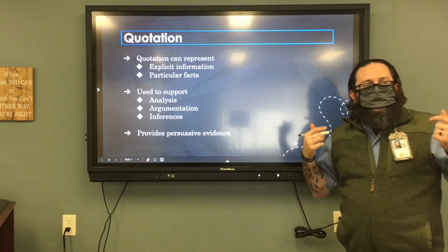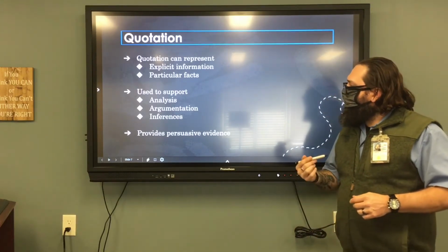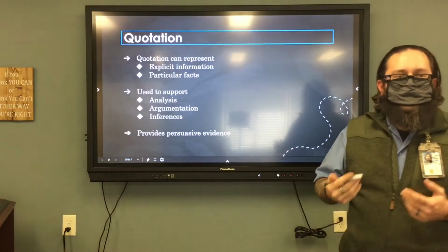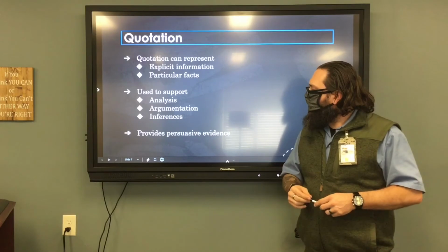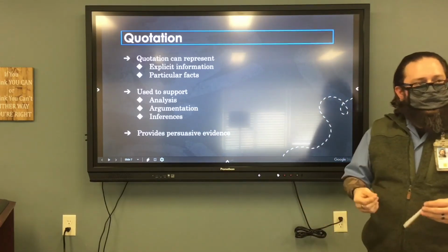So how do we use quotation in reading? Well, we use it to support analysis. We use it for argumentation, and we use it to make inferences. Not only that, but quotation also helps to provide persuasive evidence.